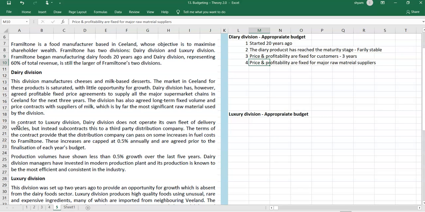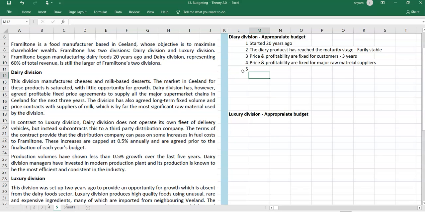So the next one is, in contrast to the luxury division, the dairy division does not operate its own fleet of delivery vehicles, but instead subcontracts this to a third party distribution company. So they don't have their own transportation vehicles. The terms of the contract provide that the distribution company can pass on some increases in fuel cost to Framiltone. These increases are capped at 3% annually and are agreed prior to the finalization of each year's budget.